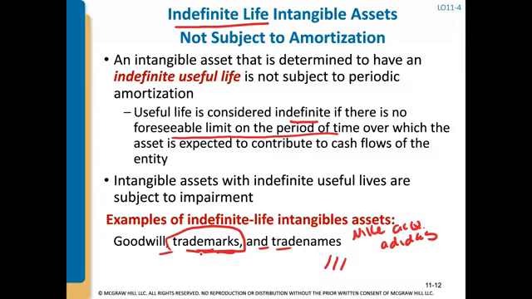As long as it keeps generating revenue, then it still works as an intangible asset. And so those costs are capitalized to the balance sheet, but we don't amortize them. However, indefinite useful lives are subject to impairment. So they have to be examined to see if the value of those trademarks, goodwill should be written down. And that's covered in a couple of other videos.